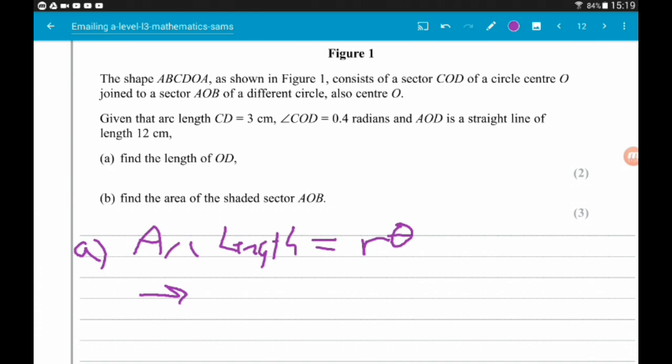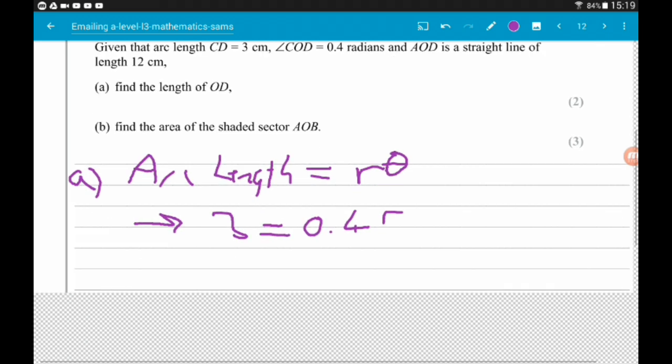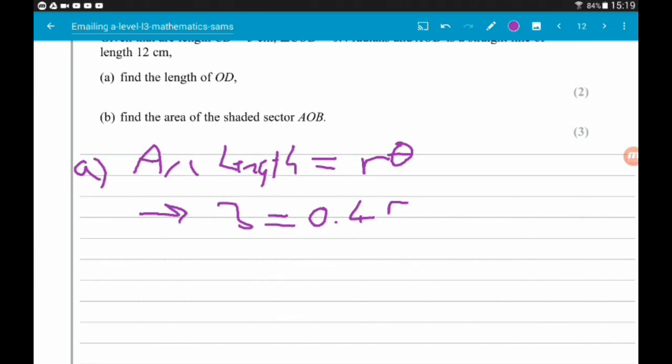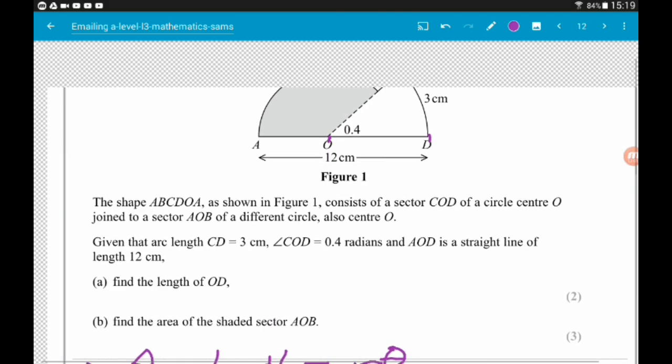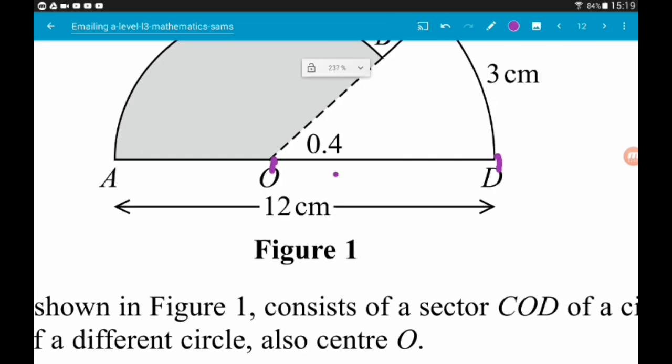We know the arc length is 3. We don't know the radius, that's what we're trying to find, but theta is 0.4. So 3 is 0.4 lots of r, and if we divide by 0.4, we get r is 7.5.